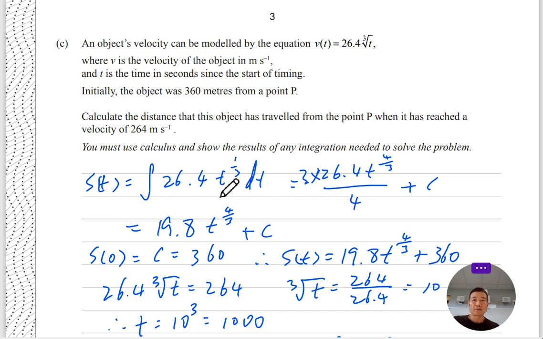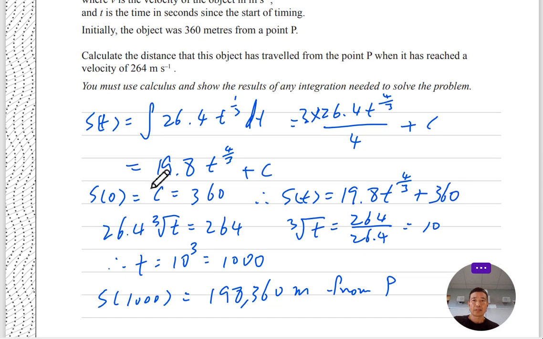First, you change cube root of t into index form, t to the power of 1/3, and then you integrate it. To find the c, you plug in 0 because it starts 360 meters from point P, so c must be 360.